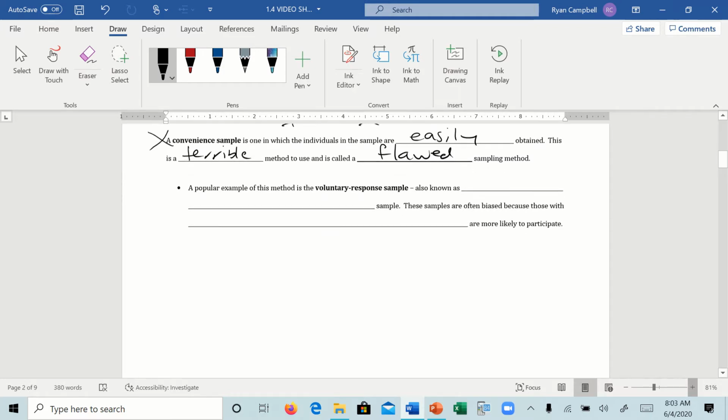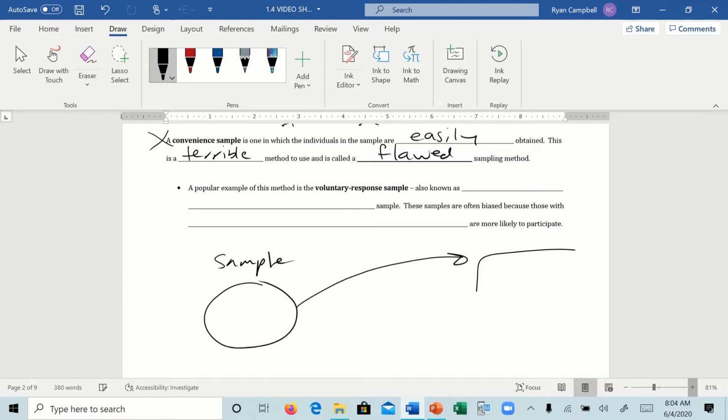So remember, the entire point of a sample is so that you can determine stuff based off of a population. We'll keep saying this over and over in this class, but the reason why you have a sample is to make conclusions based off of the population, which means that you need your sample to look like your population, right?